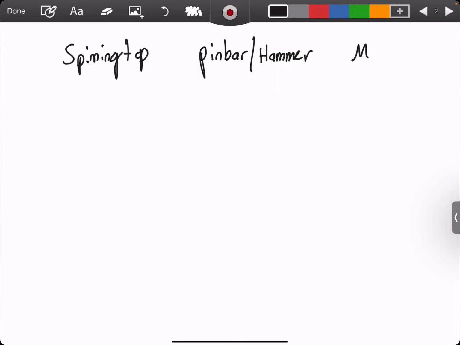So the three candles we're going to talk about today are the spinning top, our pin bar / hammer, and our Marubozu candlestick. Does anybody in the chat know what a spinning top is?